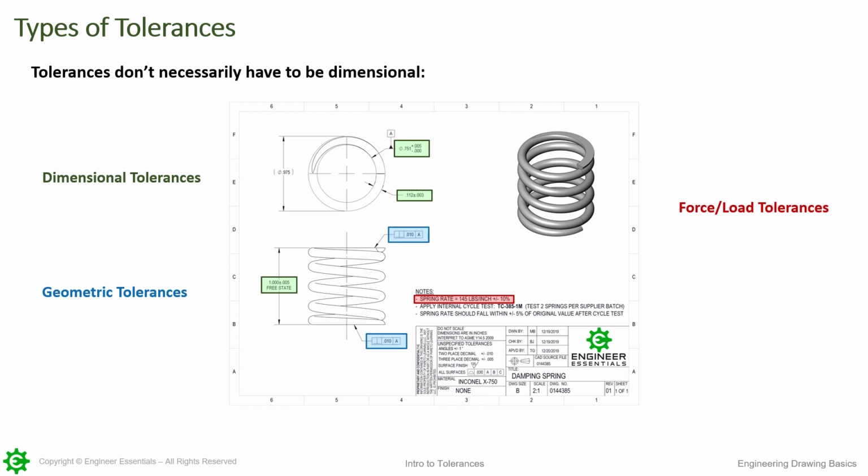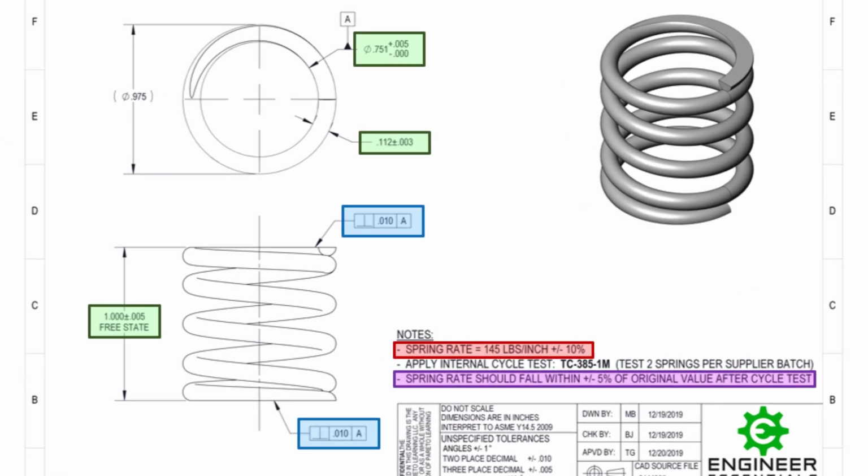You can see that in this note right here that we have a specific tolerance on the spring rate. We also have test criteria tolerances, which dictate exactly where the part needs to fall within a specific test during the inspection process. You can see that there are 4 different types of tolerances on this drawing alone, and it's important to understand that all we're doing is placing limits so that we know what is acceptable and what we need to reject.